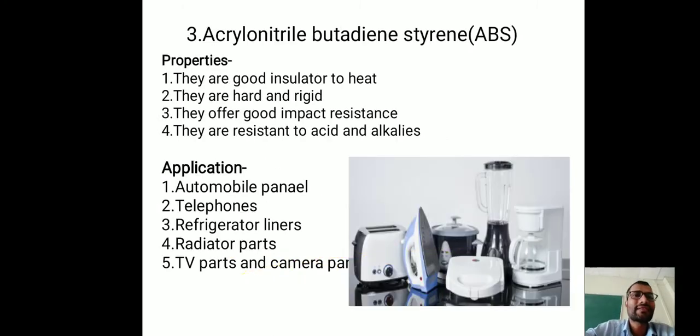Friends, after that, next, acrylonitrile butadiene styrene, ABS. In front of us there are different day-to-day life examples. In all these examples, the plastic material is called ABS, acrylonitrile butadiene styrene.